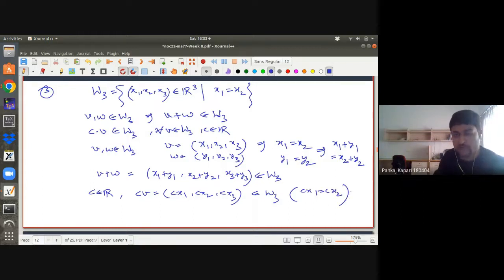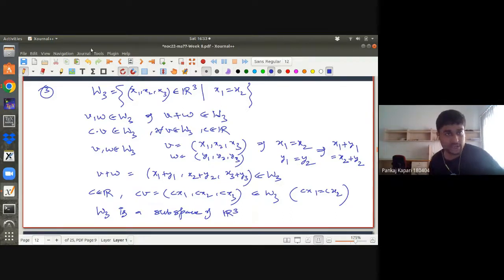Because the first and second entries are the same, c times V is also in W3, and therefore W3 is a subspace of R3.